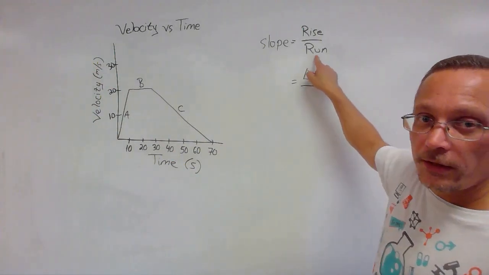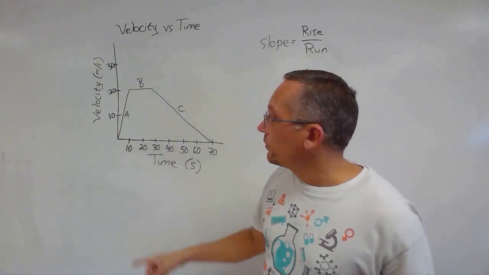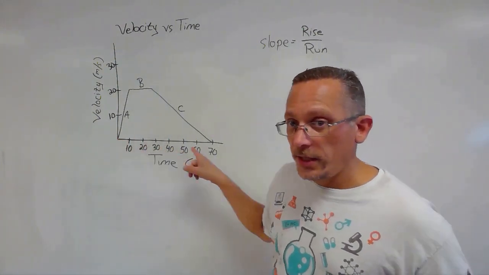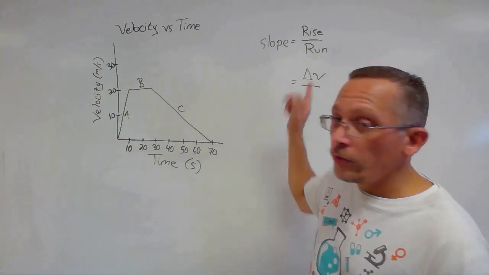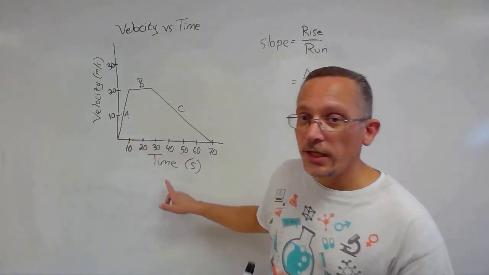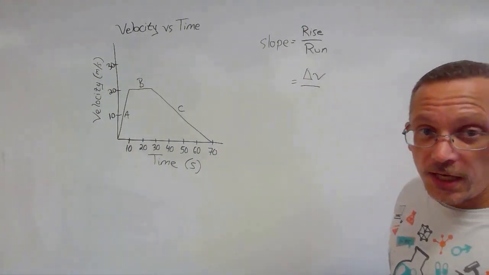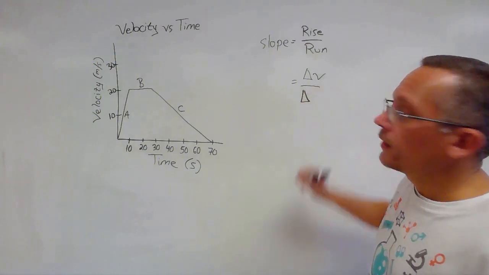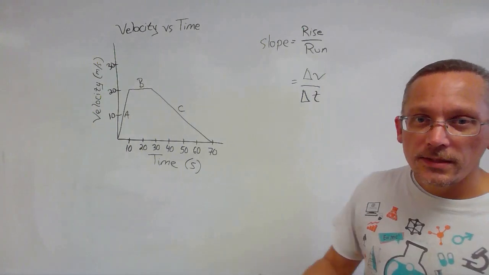So the rise, the change in velocity, we call delta v. Okay. What about the run? The run is the change in what's on the x-axis, right? What's on the x-axis is time. So the run is the change in time. How do I write change in time using variables? Well, change is delta, and time is t.